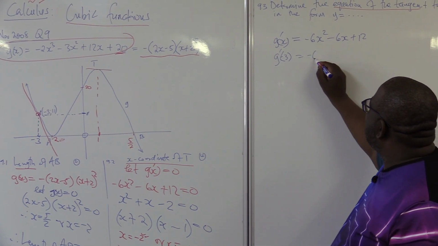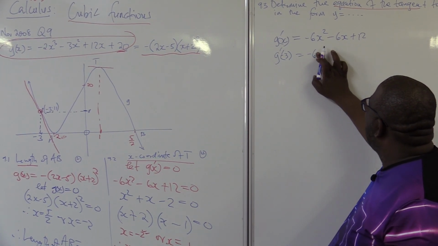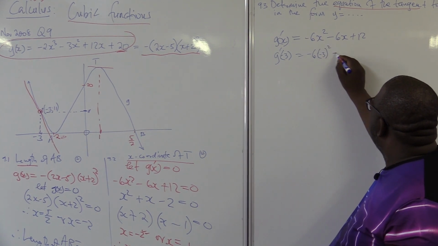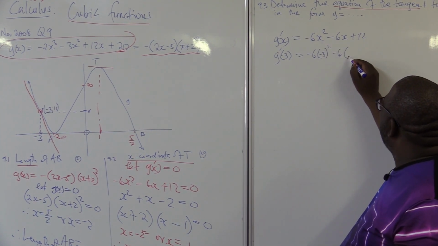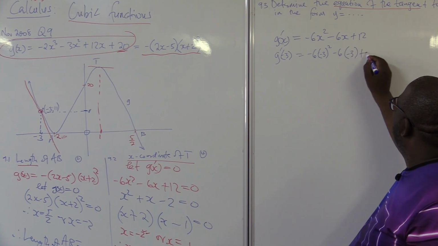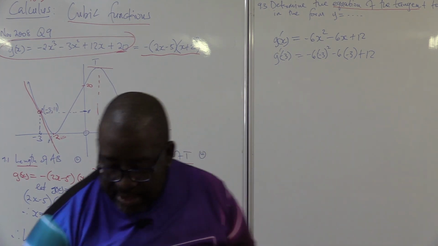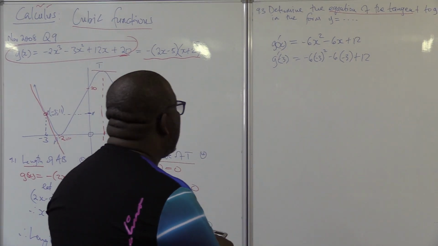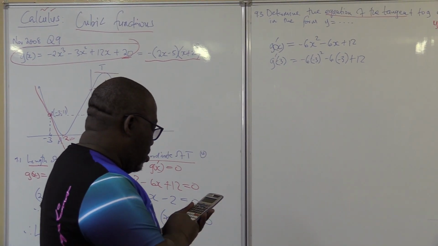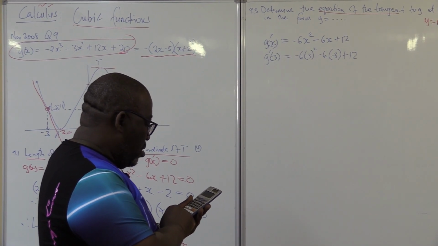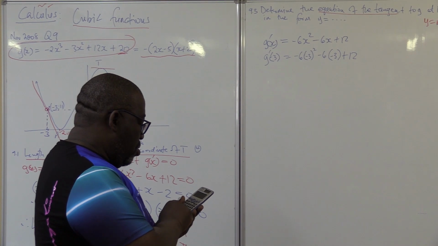This will be minus 6 into minus 3 all squared, minus 6 into minus 3 plus 12. Let's quickly calculate this. Oh, brackets.